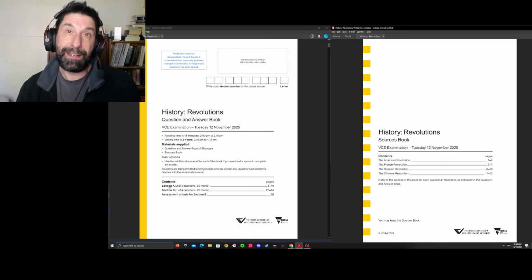Then in section B, we have the essay, and we get our choice of doing either the essay on the Russian or Chinese revolution. Section A is worth 50 marks: 25 marks for your first revolution, 25 marks for your second revolution for the source analysis questions, and then the essay is worth 20 marks.